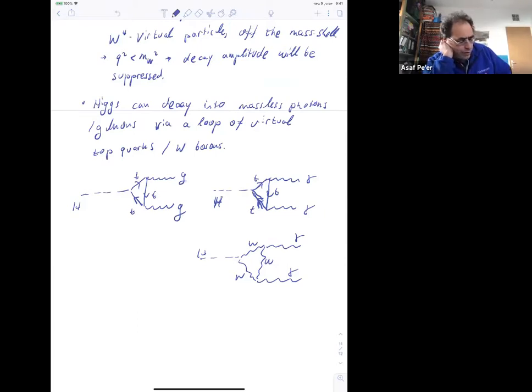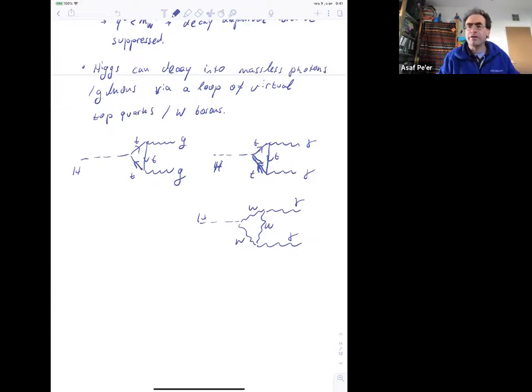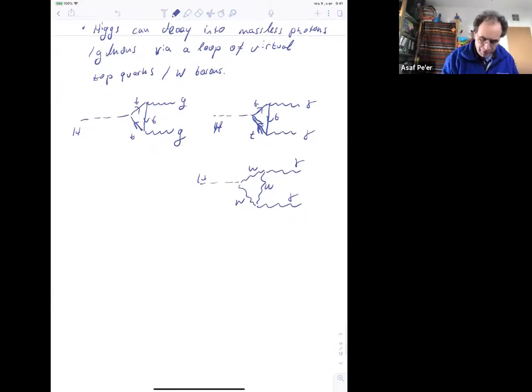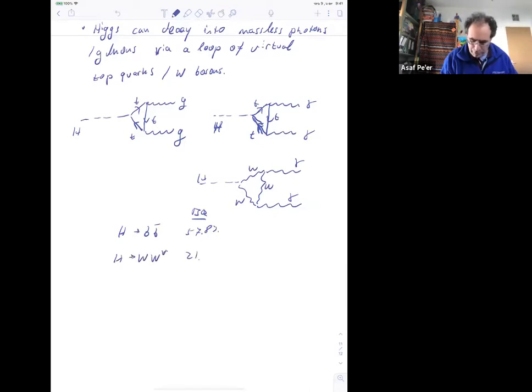Now we have a branching ratio. So the branching ratio, just to give you kind of a concluding summary: for Higgs into b b-bar it is 57.8%. The Higgs going into W W star is 21.6%. The Higgs going into two gluons is something like 8%.